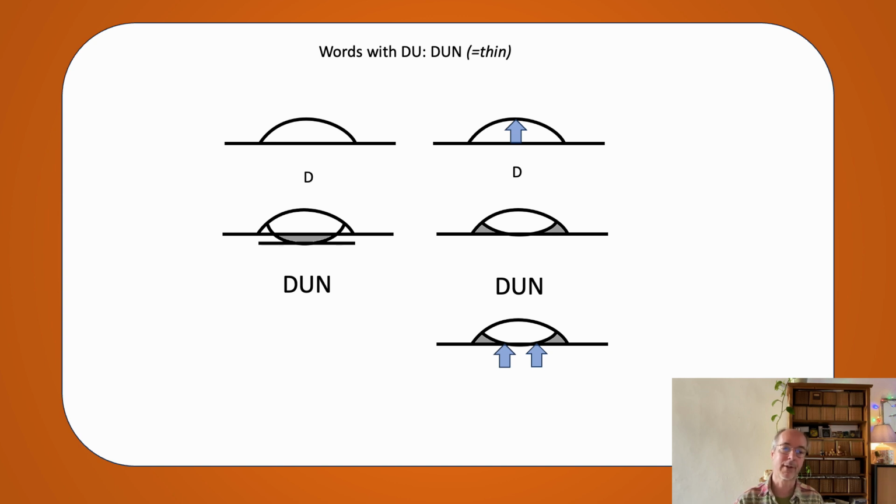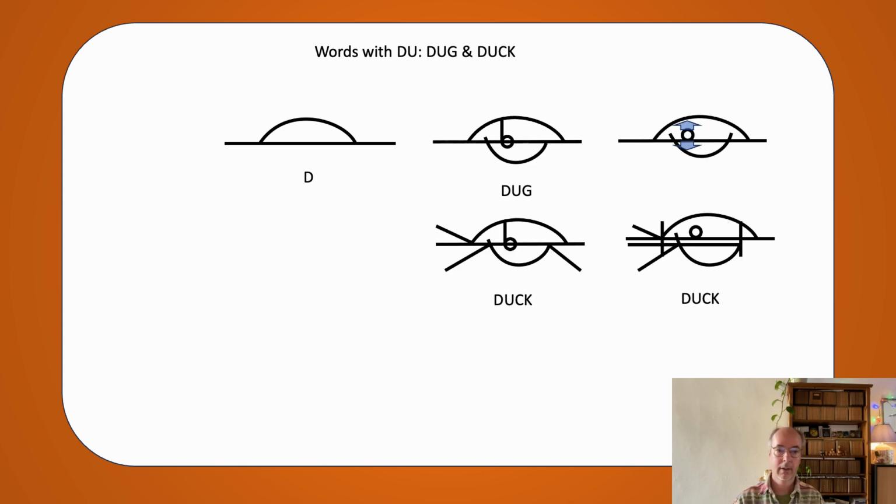So the most simple thing to do would be that form that I have there at the right, and you can sense what it is, dun or thin, it is filling in. It's just the opposite. The U is going down, the D is going up. It's as thin as possible, and that is the part that has been filled in. You can understand it when you understand the letters. This is the simply playful expression of it.